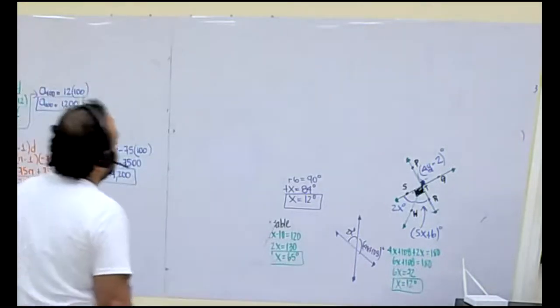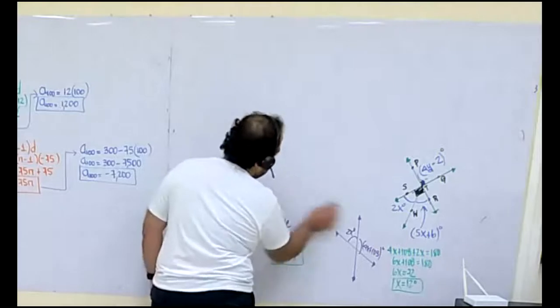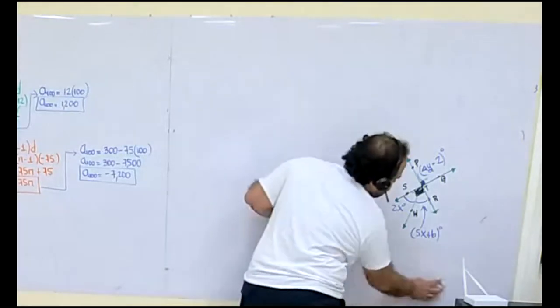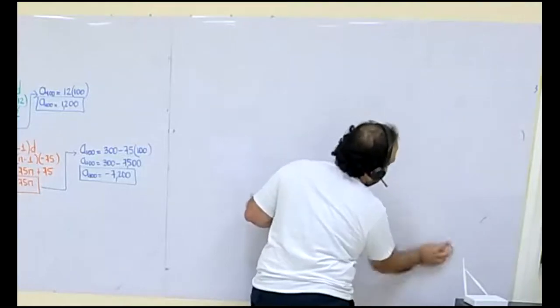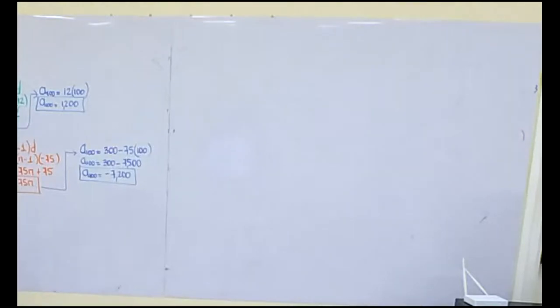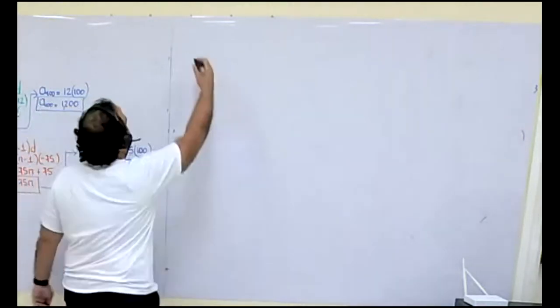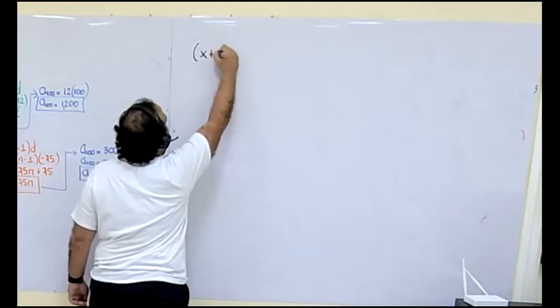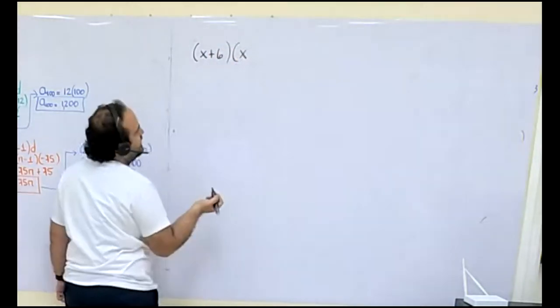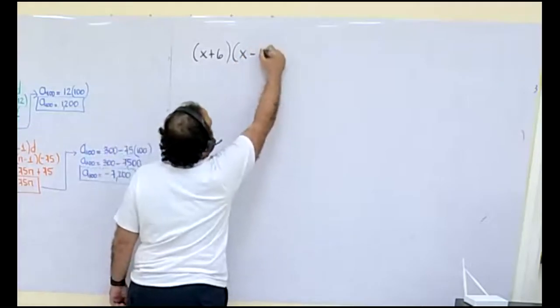Got it? Yes. If we apply the distributive property, I'm going to show you the example. We have x plus 6 times x minus 6.